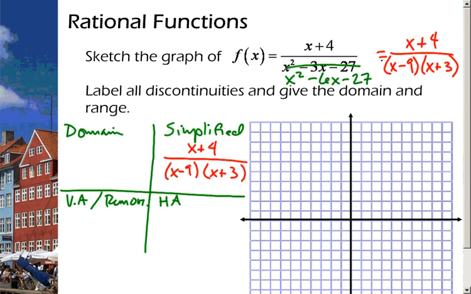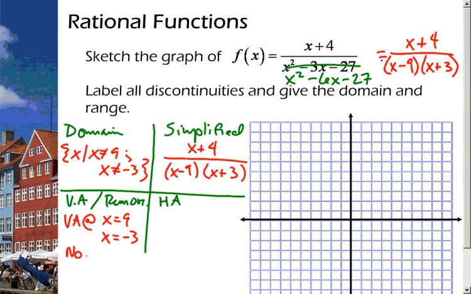And so your domain is, let's be formal here, x such that x cannot equal 9, x cannot equal negative 3. So my vertical asymptotes are going to be at x equals 9, x equals negative 3, and we have no removable discontinuities, because nothing divides out when we simplify this.